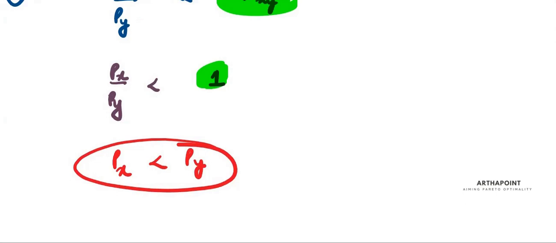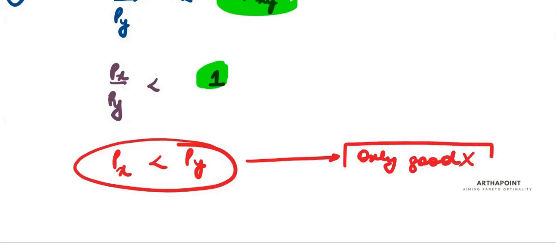If a gel pen costs 10 rupees and a ball pen costs 5 rupees, you'll go for the ball pen because you can buy more ball pens. So here, because my Px is less than Py, I should buy only good X because X is cheaper.